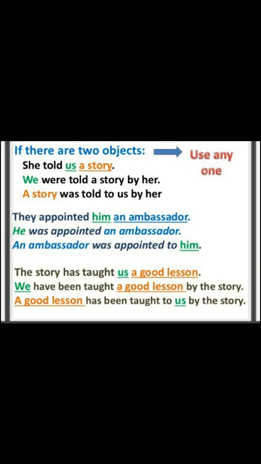Us is the first object and a good lesson is the second object. With the help of both objects, you can convert active voice into passive voice. It is very easy. So make a lot of practice and change active voice into passive voice.